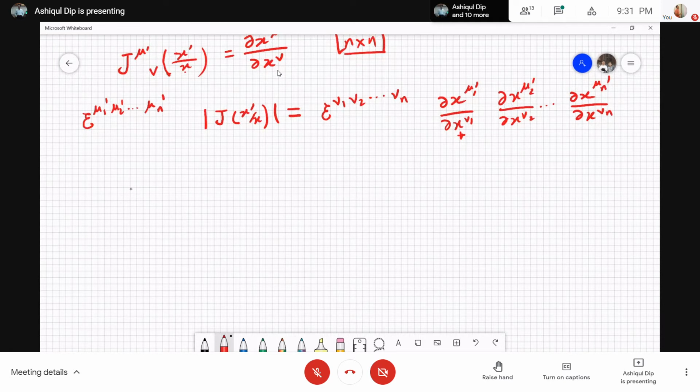Let's say you are in n-dimensional space and you have n number of coordinates. Just remember this thing.